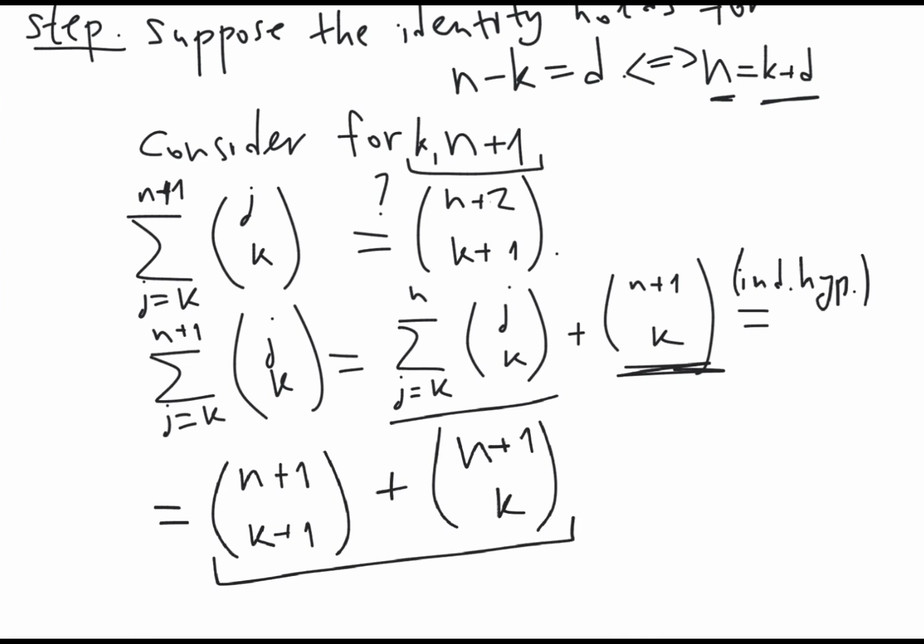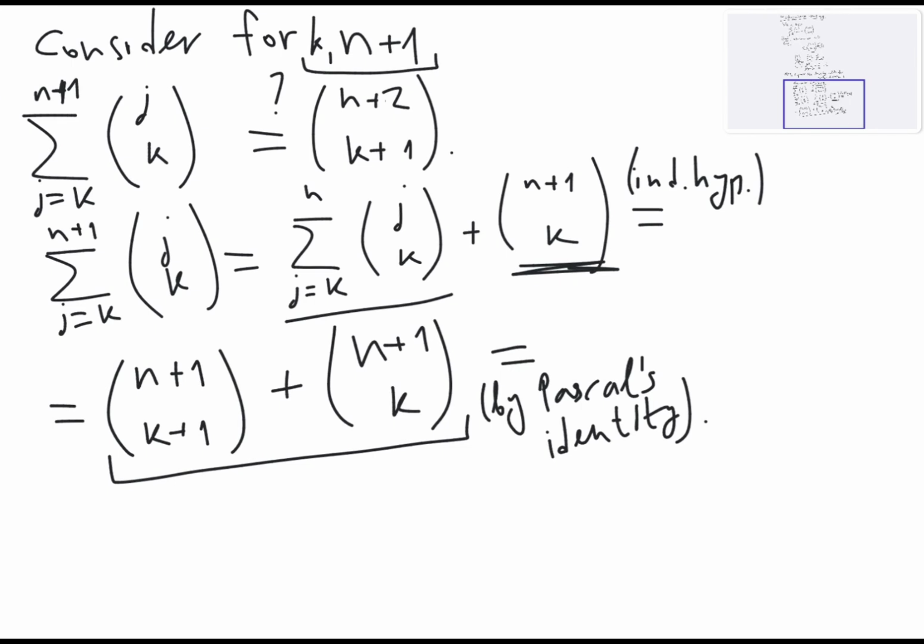For this we can apply Pascal's identity, which I proved in one of the previous videos. So by Pascal's identity, this is equal to (n plus 2 choose k plus 1).